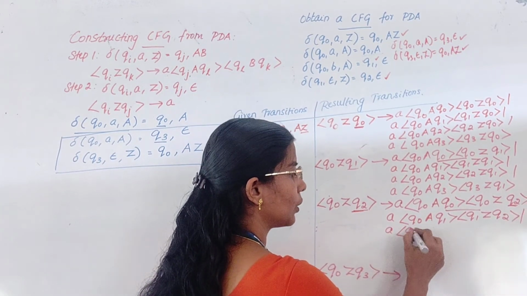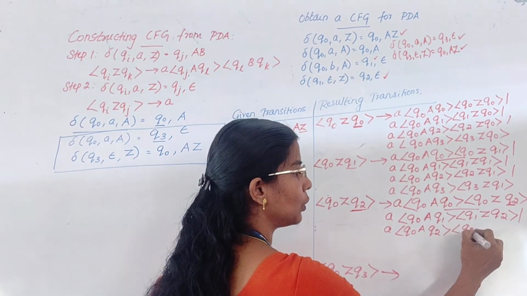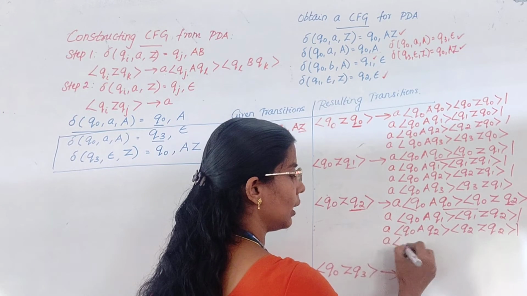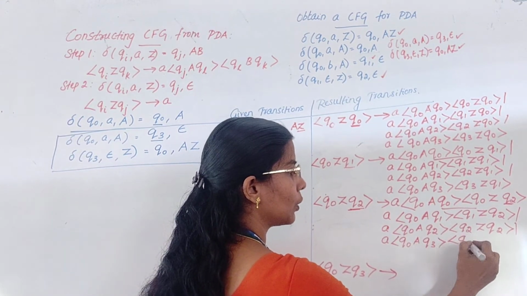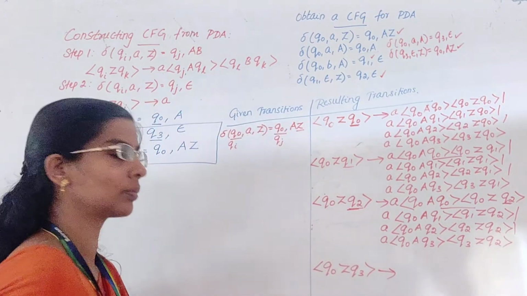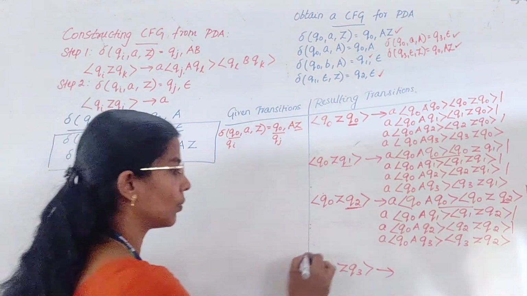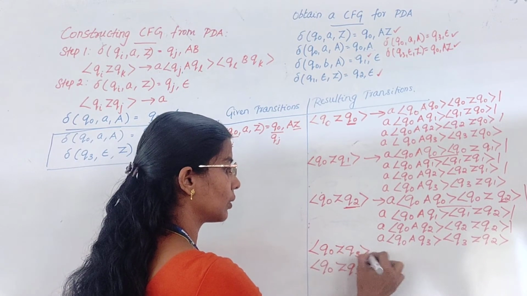Next A, Q0, A, Q2, Q2, set Q2. Next it is A, Q0, A, Q3, Q3, set Q2. Correct? Next Q0, set Q3.